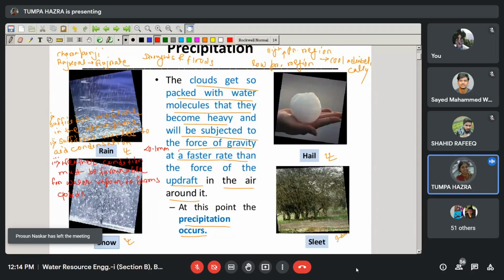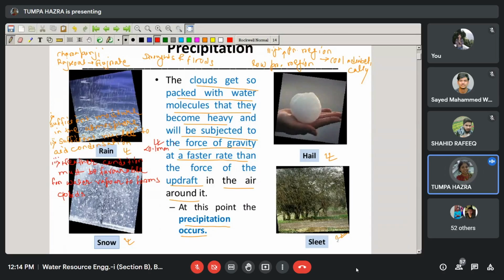As mist, it will not reach the ground surface due to gravitational force. Whenever there is sunshine again, those 0.1 millimeter mist particles evaporate back to the atmosphere.